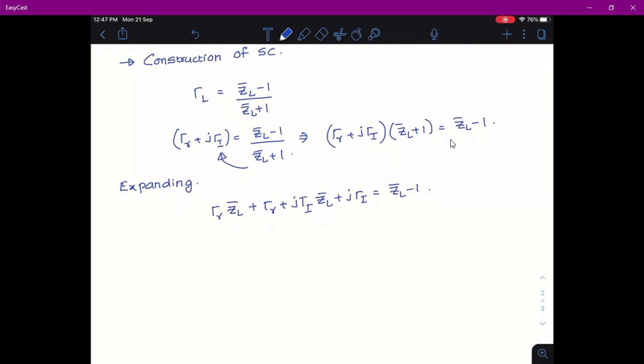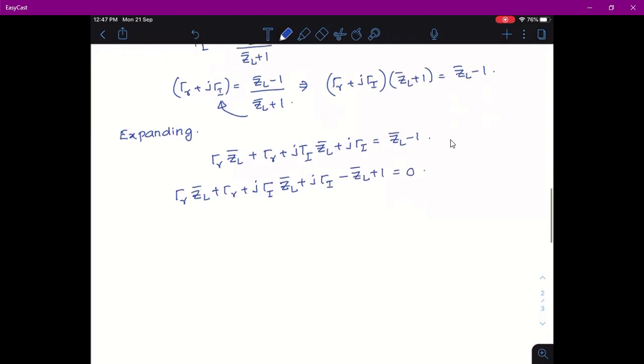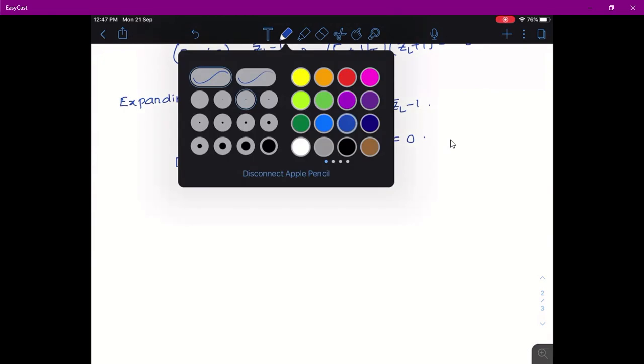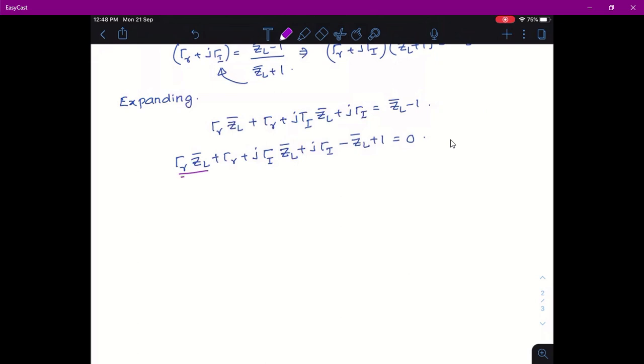Okay. Now let's bring everything to the left. So you will get tau R ZL bar plus tau R plus j tau I ZL bar plus j tau I minus ZL bar plus 1 is equal to 0. Let's take everything which has ZL bar common. So this has ZL bar, this has ZL bar, this has ZL bar.